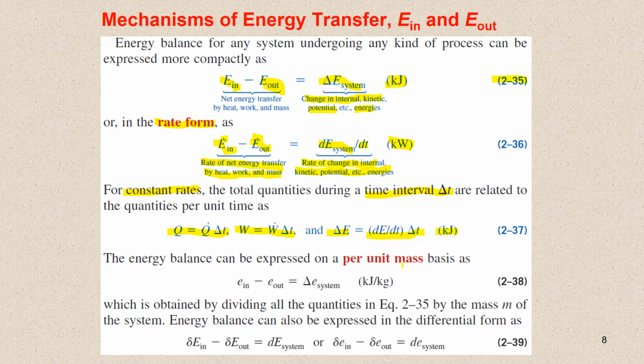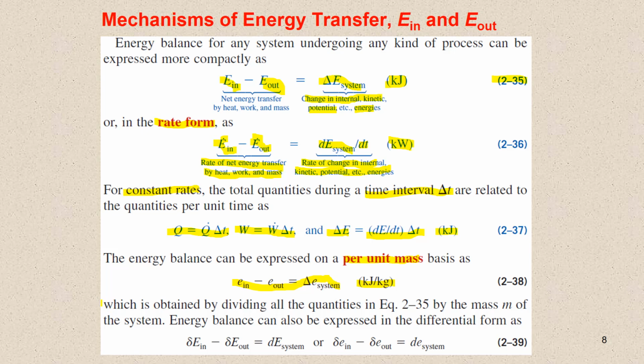The energy balance can also be expressed on a per unit mass basis as e in minus e out equals delta e of the system. In this case, the units would be kilojoules per kilogram, because we are expressing this on a per unit mass basis.